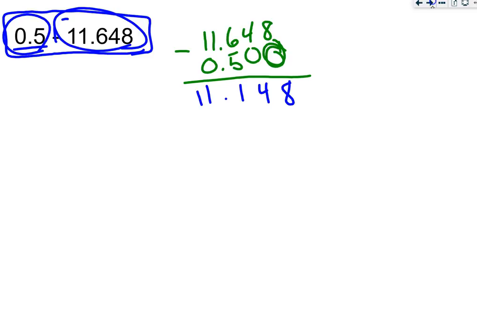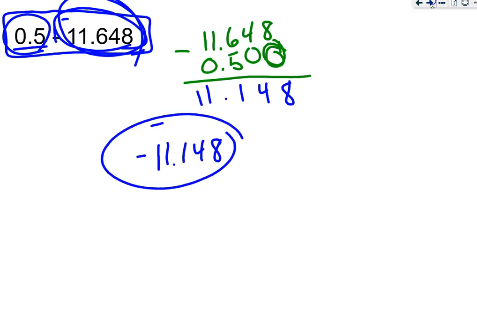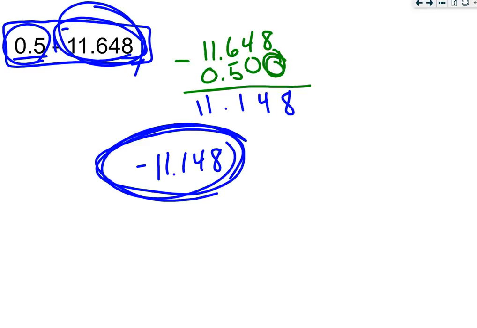Remember the rule that whatever the bigger number is gets the sign. So our bigger number was 11, so our answer gets that sign. Always, always, always, before circling or submitting an answer, check to make sure the sign and your answer make sense.